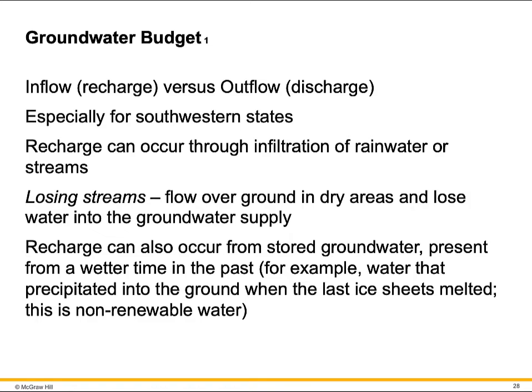This is non-renewable water. Gaining streams gain water from an area with a high water table. This is a form of discharge, not recharge of groundwater.